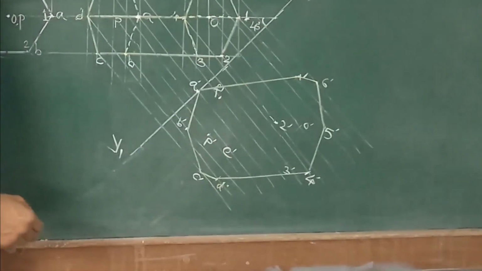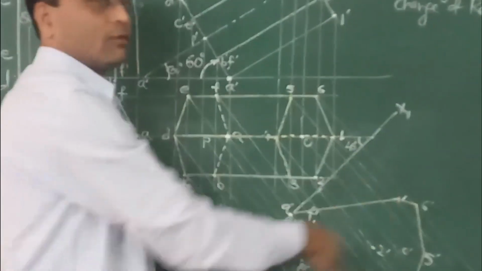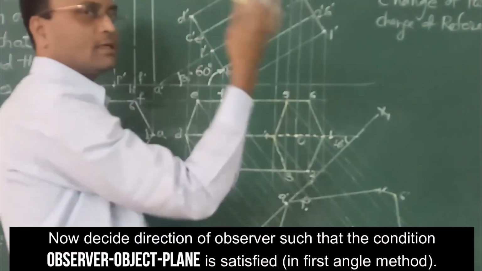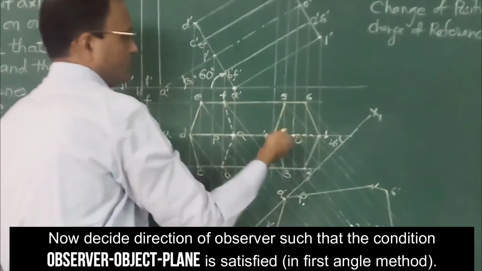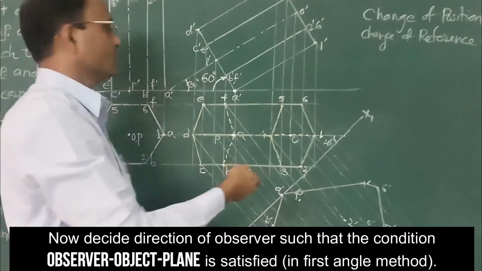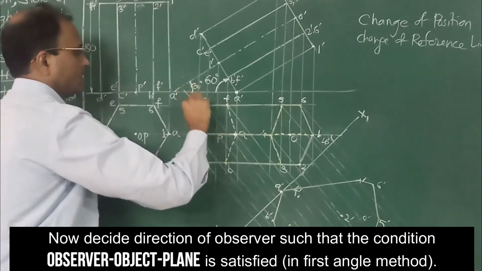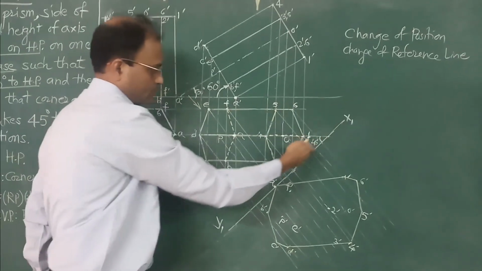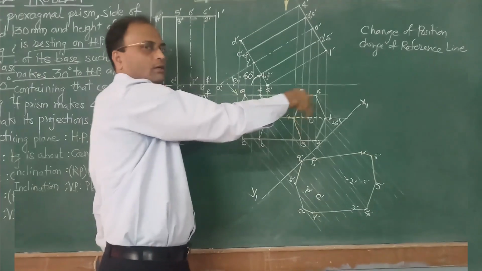Now for remaining points which are not falling on the boundary, we have to see the object such that observer, object, plane condition is satisfied. So now we need to look from this side. So this is observer, this is object, and this is plane in a direction perpendicular to the plane.